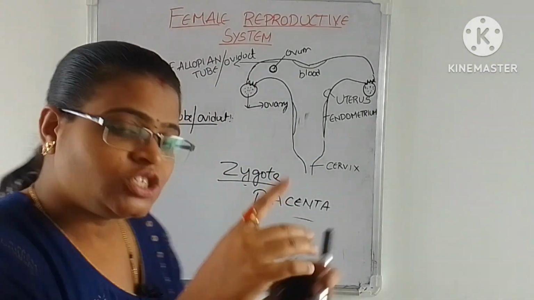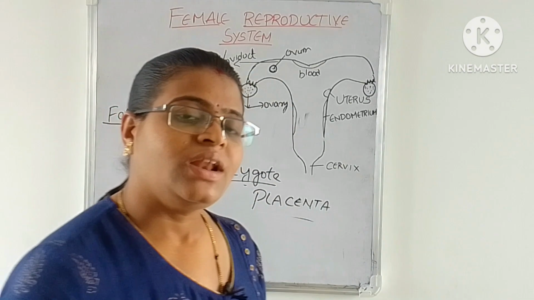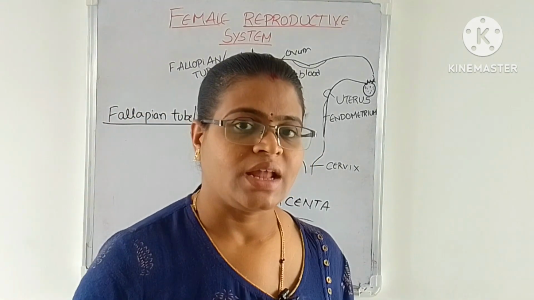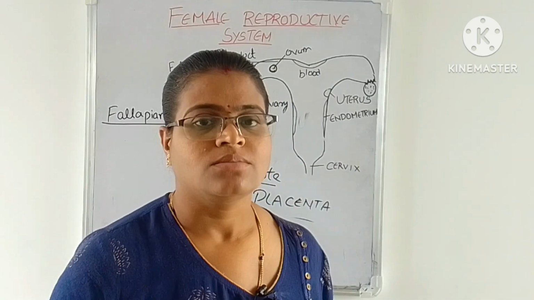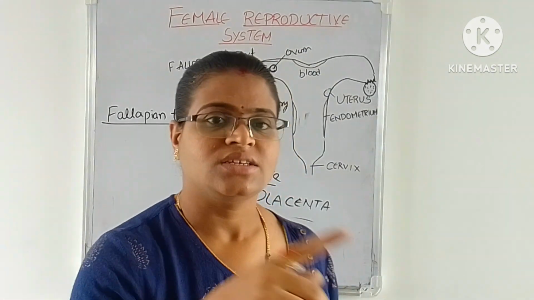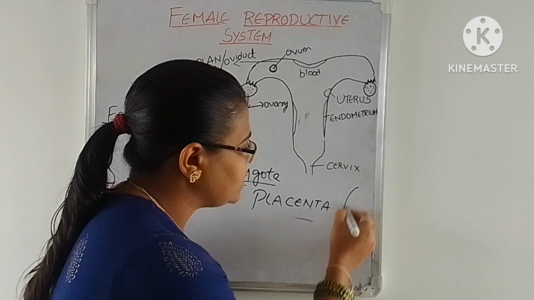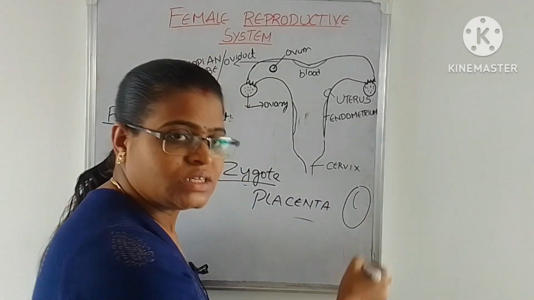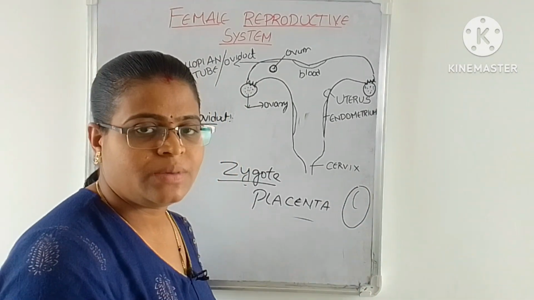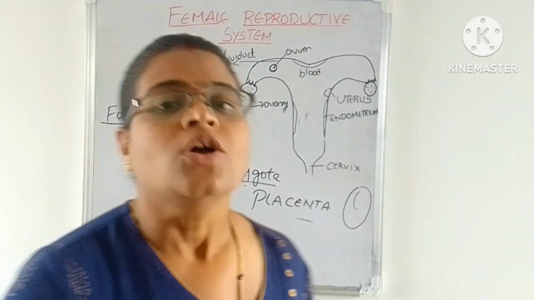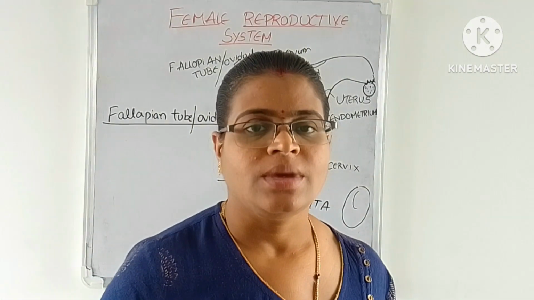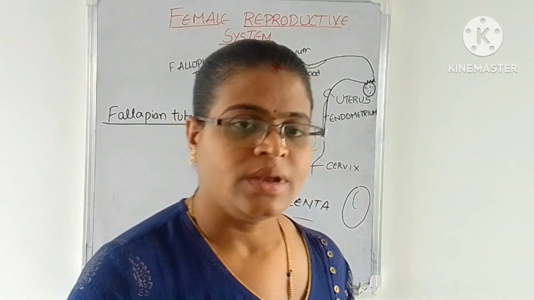What will happen after completion of the 9 months? The placenta is like a sac-like structure where the baby will be, and inside that sac-like structure some fluids will be there, where the food is sent to the baby through the umbilical cord.